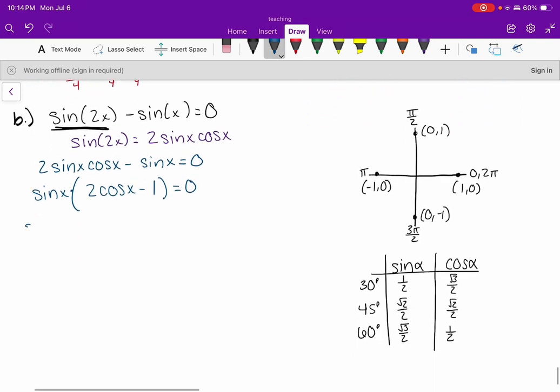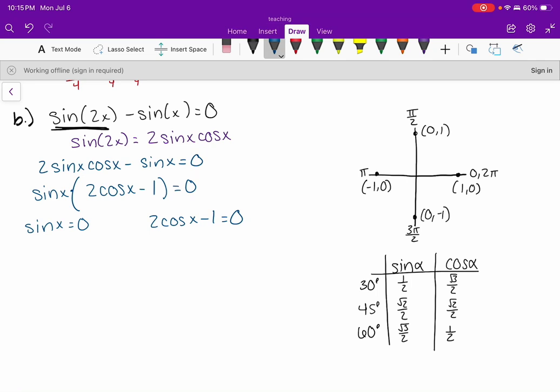We're going to have sine x equals 0 and 2 cosine x minus 1 equals 0. So what this has done is we've changed it to where we could factor, and now we have each equation set up where we have one trig function and we'll be able to set it equal to a number.